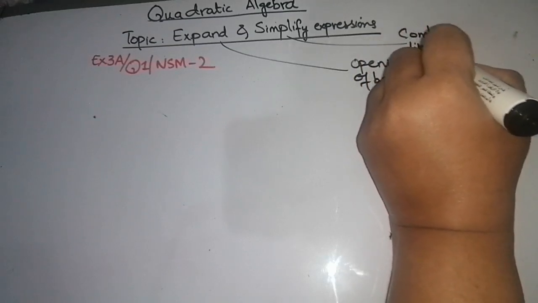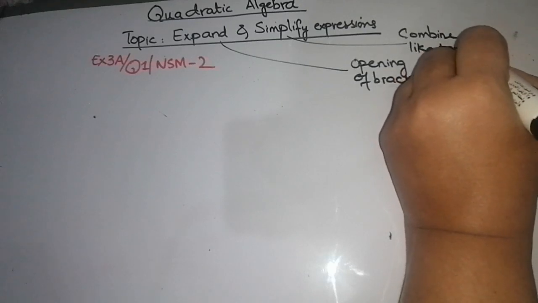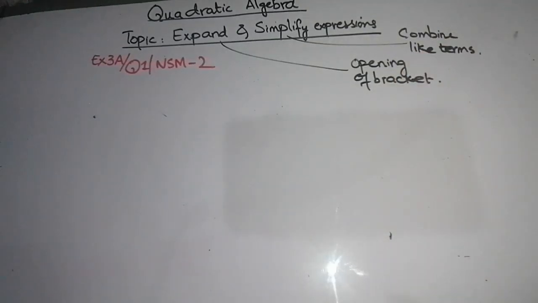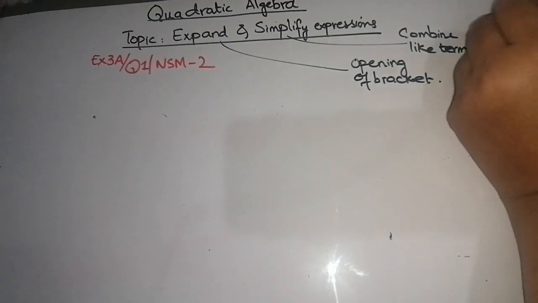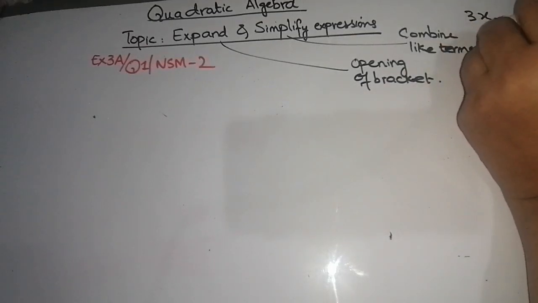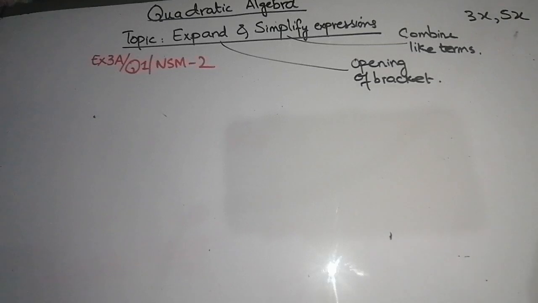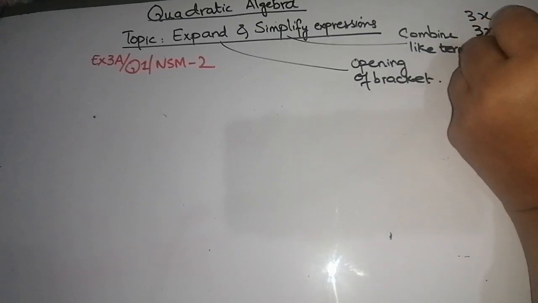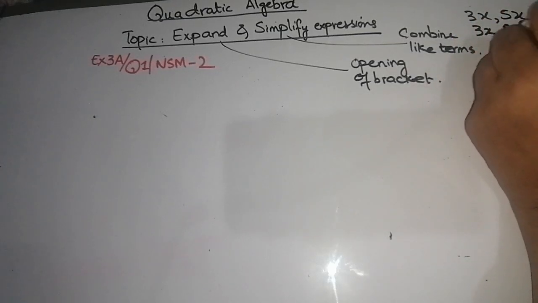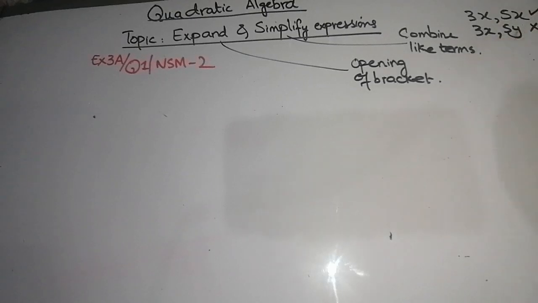So now what are like terms? When we were solving questions of linear algebra, I told you that like terms are when there are the same variables in a term, like 3x is the same as 5x. They are both like terms. But 3x and 5y are not like terms.